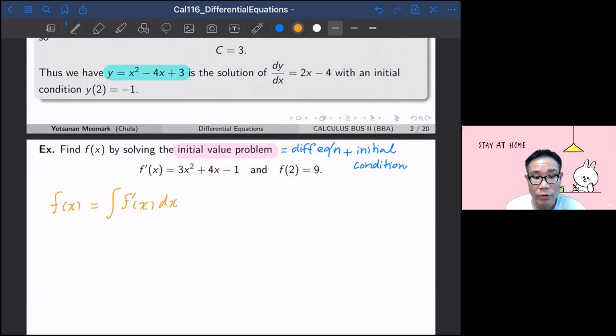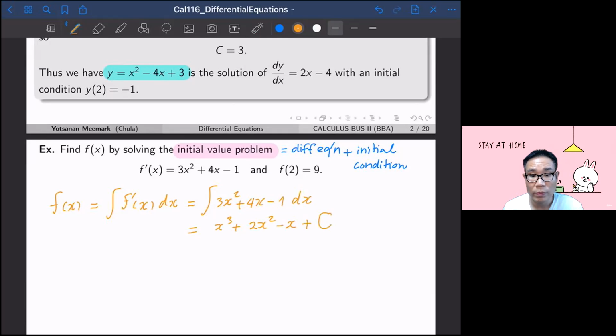So you're going to integrate f prime x dx, and you get f x. So you integrate 3x squared plus 4x minus 1 dx, and you would get x cubed plus 2x squared minus x plus c.